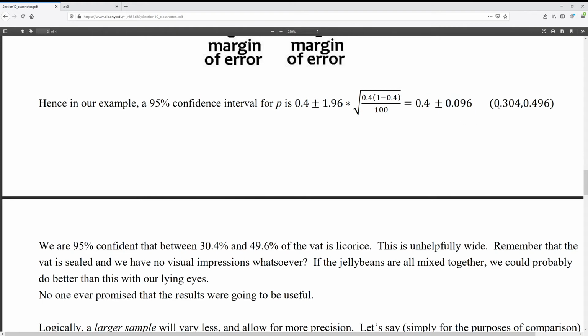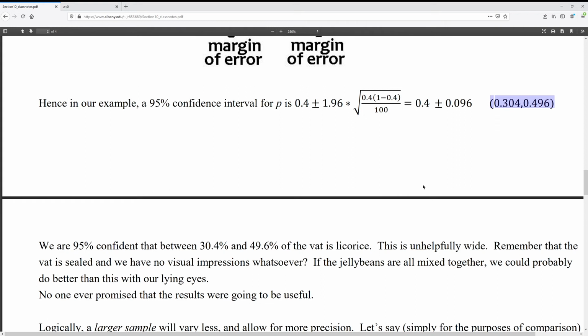Or you can actually subtract it and add it and get the actual confidence interval. If we subtract it, we get 0.304. If we add it, we get 0.496. So we are 95% confident that the proportion of licorice in the vat is between 0.304 and 0.496.